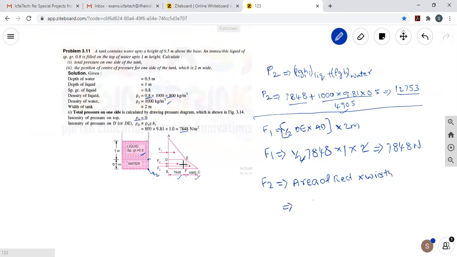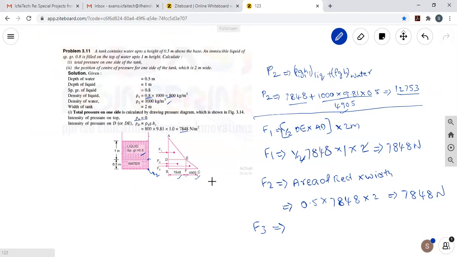Area of this rectangle is 0.5 into 7848 into 2. So 0.5 is 1 by 2, the 2s cancel, then it also comes out to be 7848 newtons.